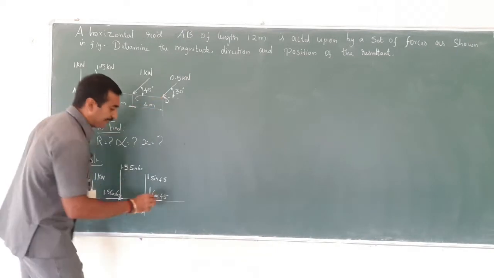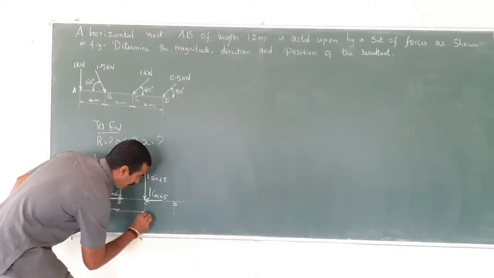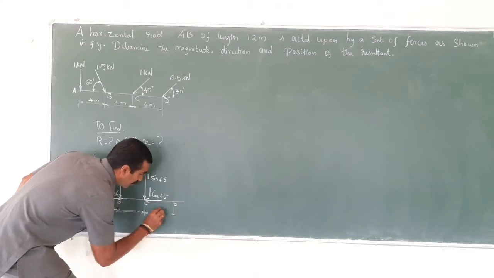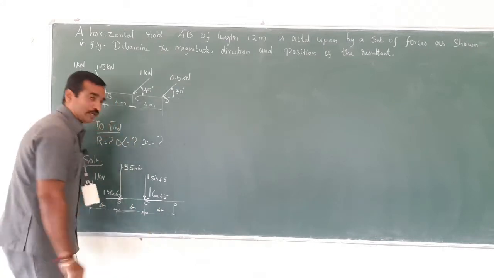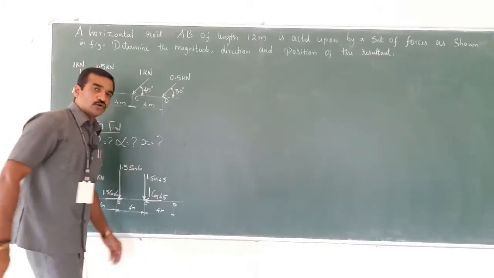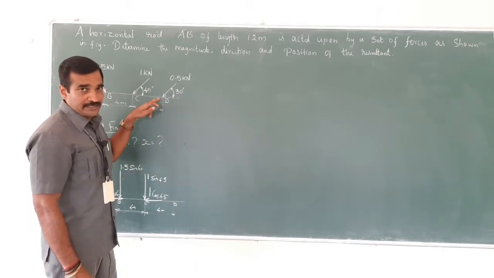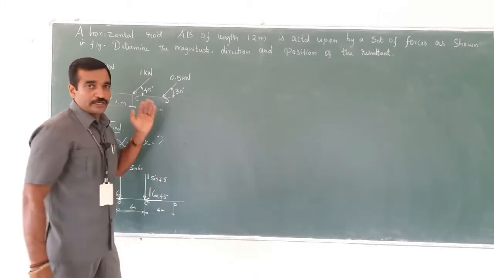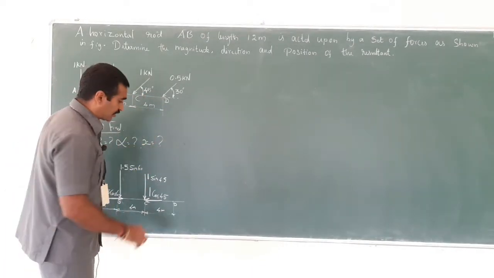Next point, which is D, point D, which is 4 meter away from C. The total span of the rod is 12 meter, 4, that is 12. So, look at here, this force is an inclined force, right, which is acting in this direction, so its nearest horizontal component could be in the minus x direction.